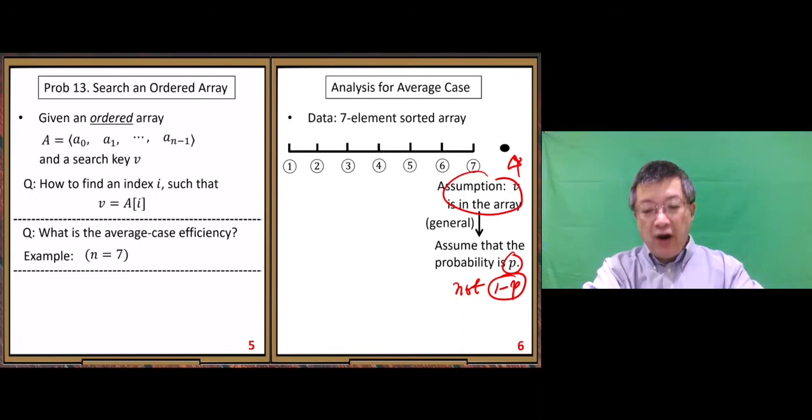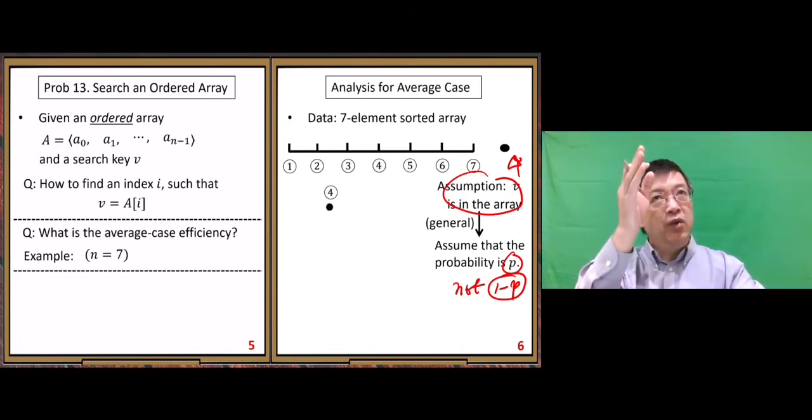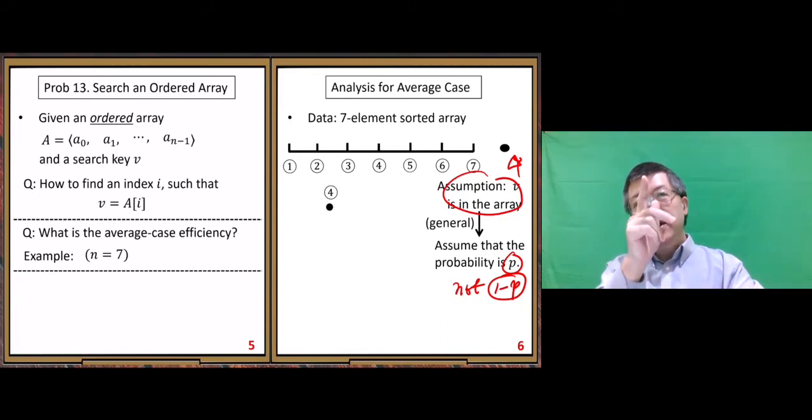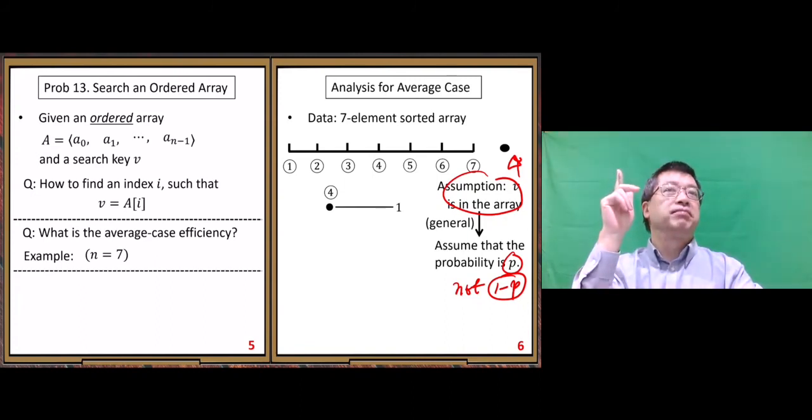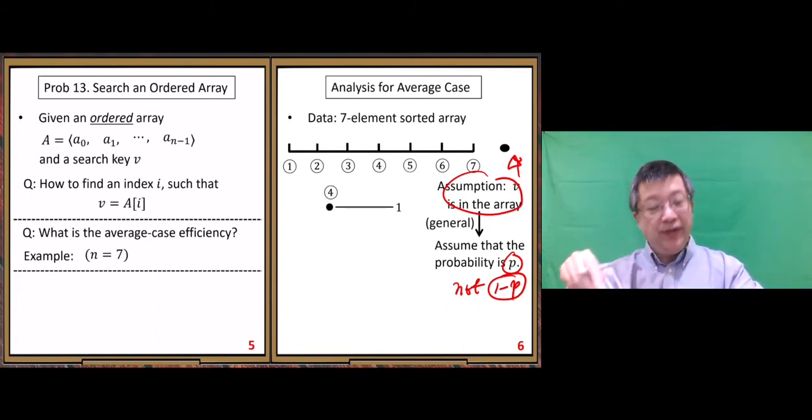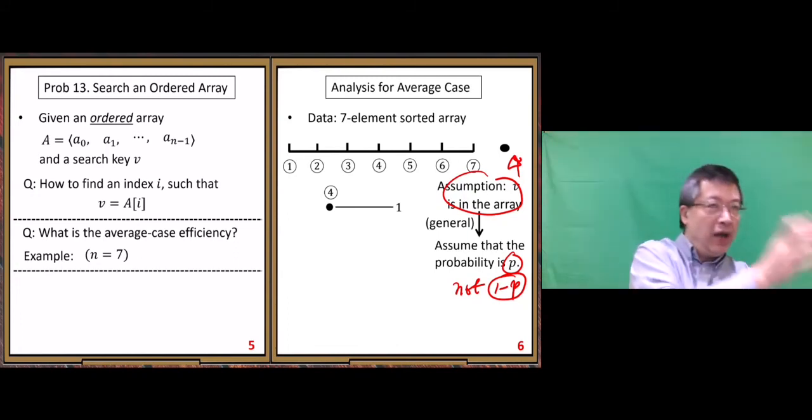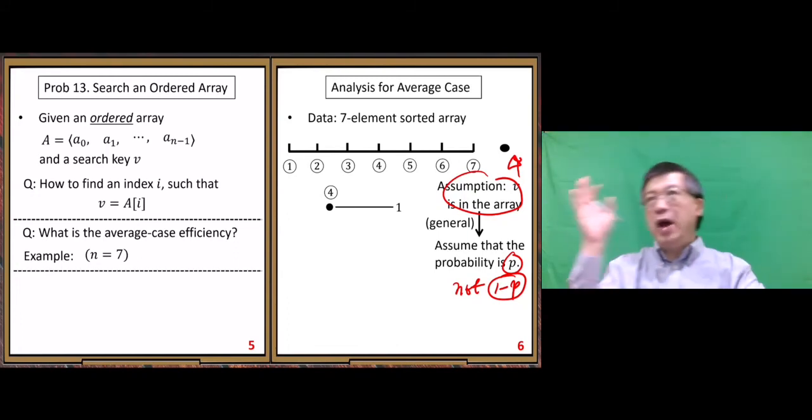All right. First, we compare the key with the median, element number 4. If we are lucky, V equals element 4, one comparison. So we put 1 there for element number 4. After that, if V is not equal to 4, the binary search goes to the left half or the right half.